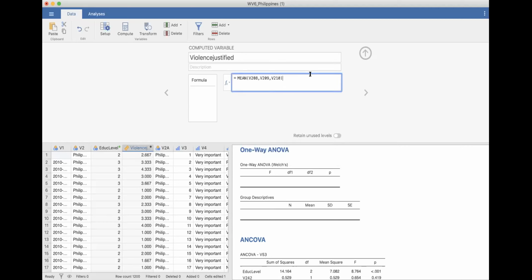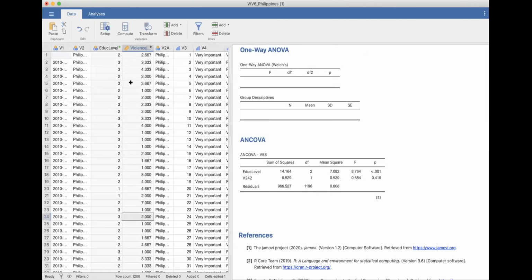There. So you can actually create a new score for the justifiable, how violence is justifiable. There. And there. That's your new DV.